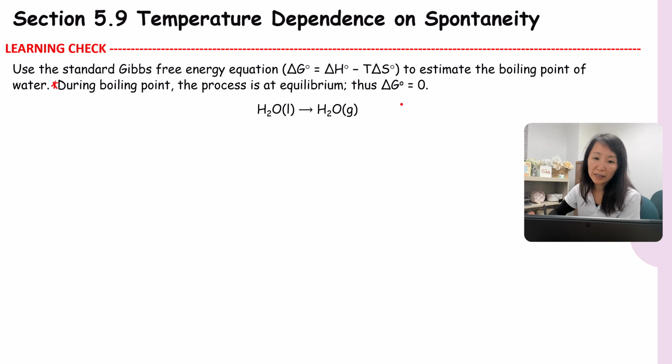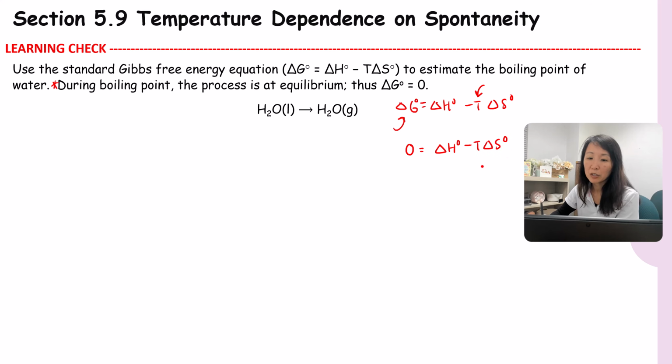So if you look at here, delta G is equal to delta H minus T delta S. We are looking for this portion when delta G is 0. So if this is 0, then we are left with this.